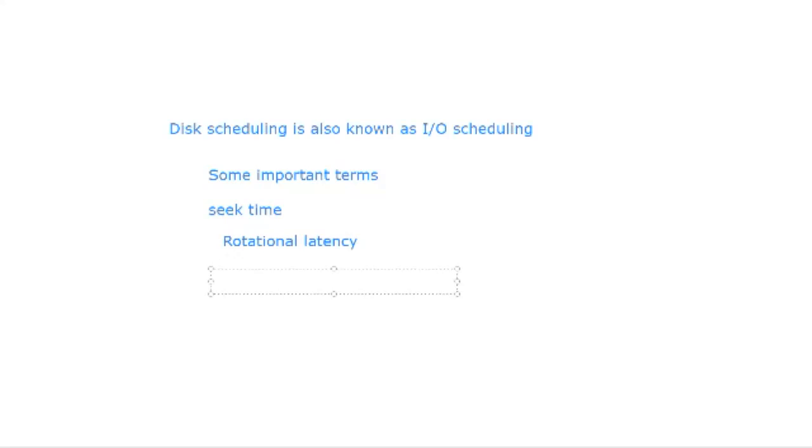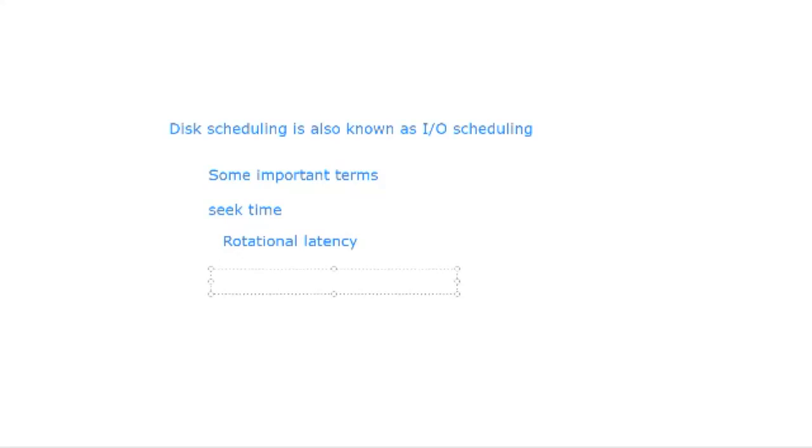Rotational latency is the time taken by the desired sector of a disk to rotate into a position. Okay? So that it can access the read write head.